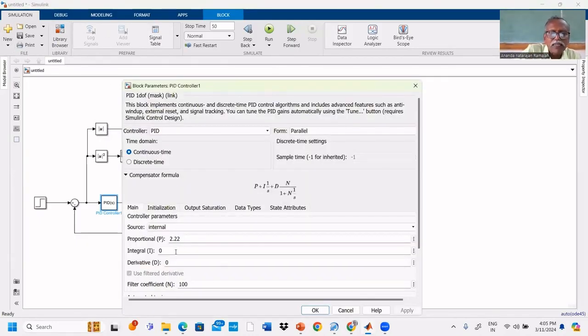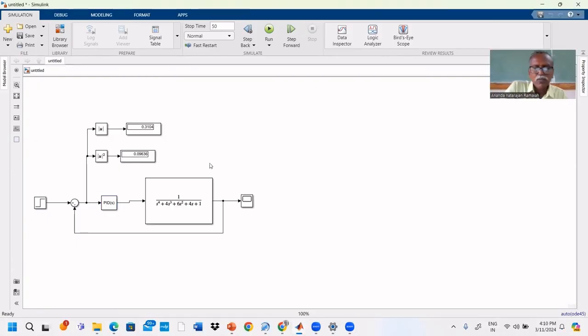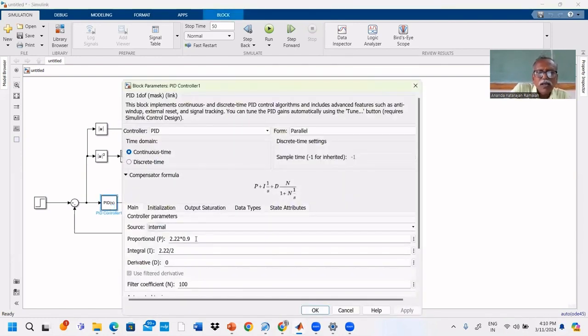Here PI controller means 0.9 times. Am I correct or not? Multiplied by 0.9. What is I mode? So we have to enter the tuning parameters for the PI controller. Kc equal to 2.22 multiplied by 0.9.